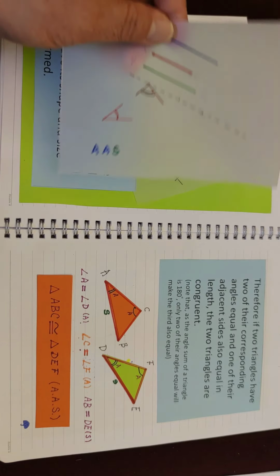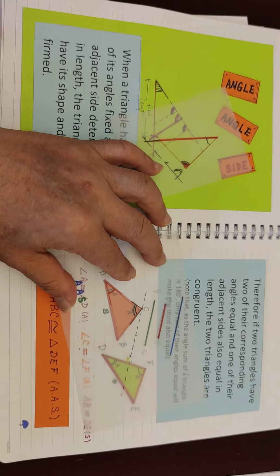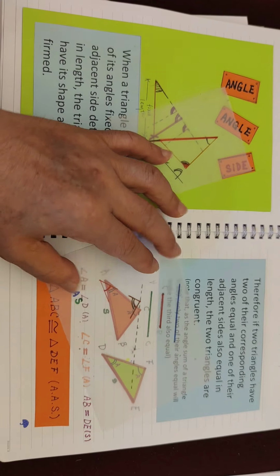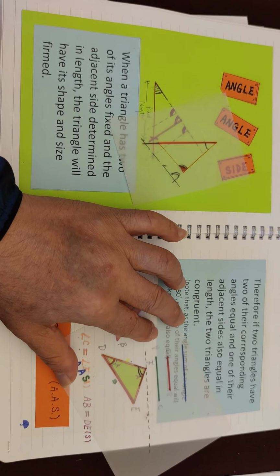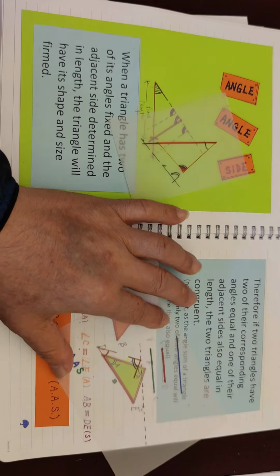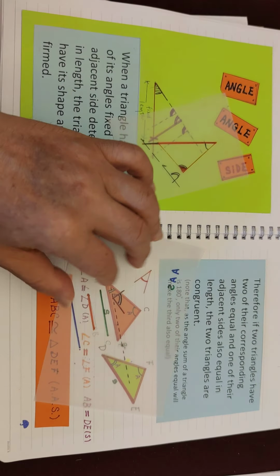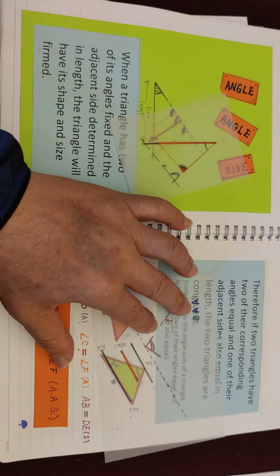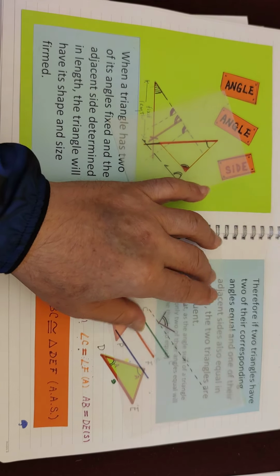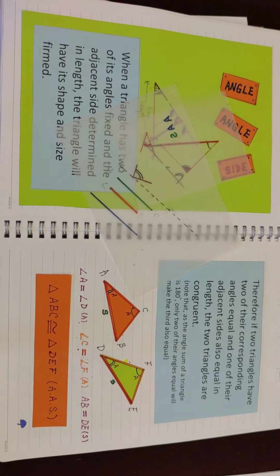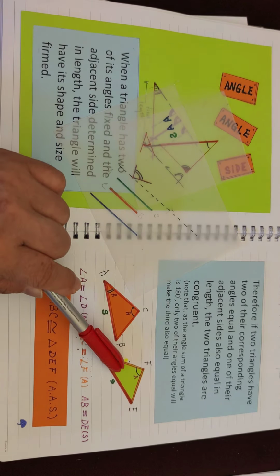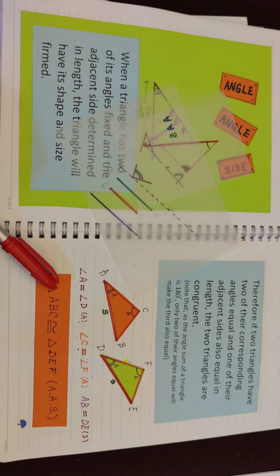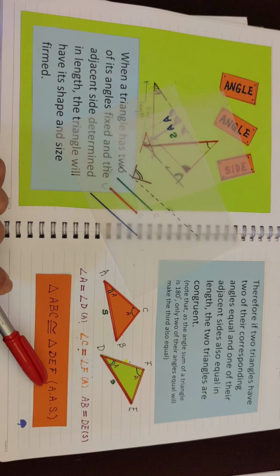You see that angle A is equal to angle D, and angle C is equal to angle F here. Also, the corresponding side AB is equal to DE. Therefore, these two triangles, triangle ABC and triangle DEF, are congruent. Angle angle side, AAS.